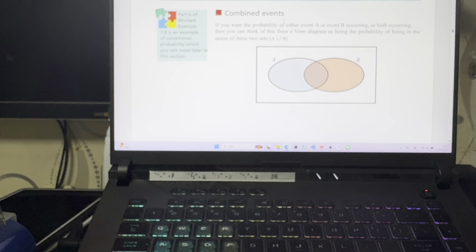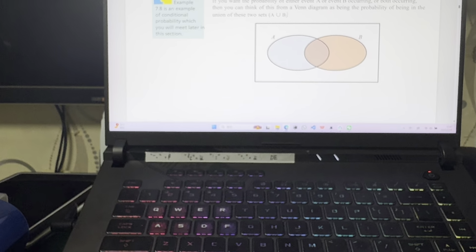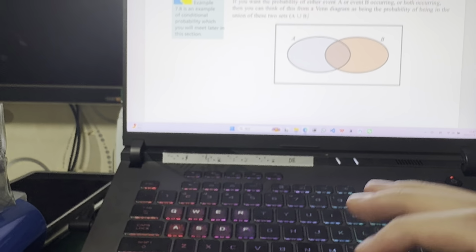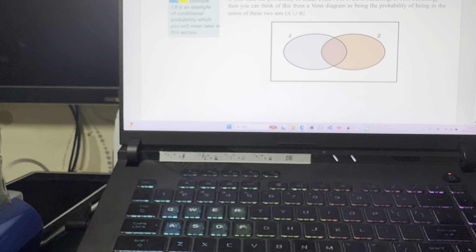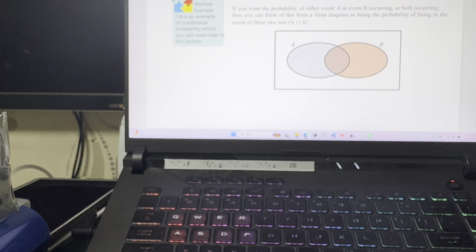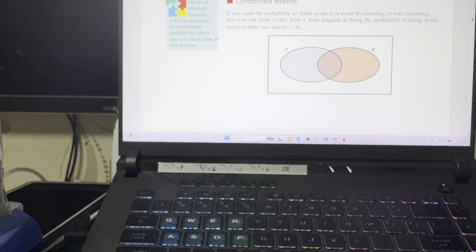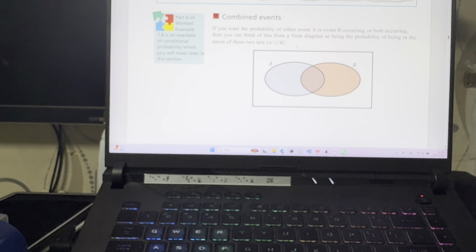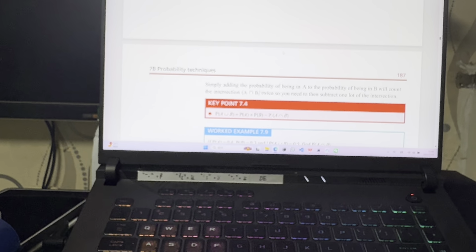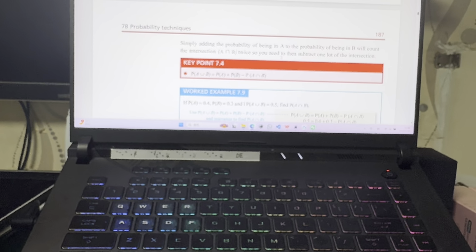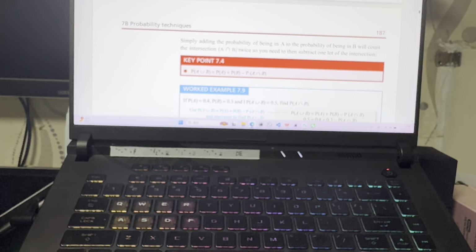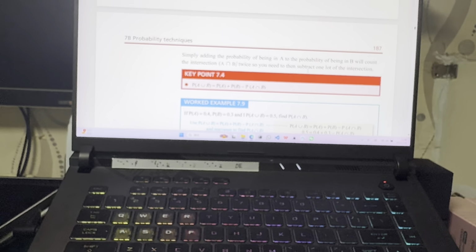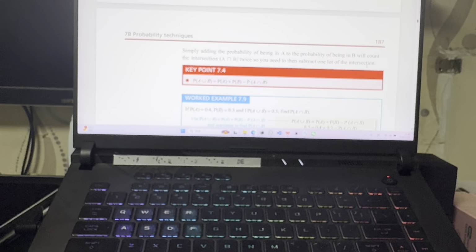Combined events. Okay, I will just read something here. If you want the probability of either event A or event B occurring or both occurring, then you can think of this from a Venn diagram as being the probability of being in the union of these 2 sets, A union B. Simply adding the probability of being in A to the probability of being in B will count the intersection twice, so you need to then subtract 1 lot of the intersection.